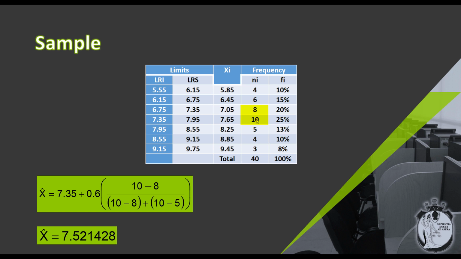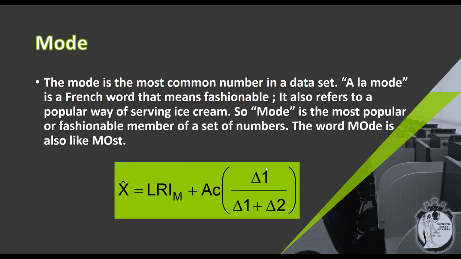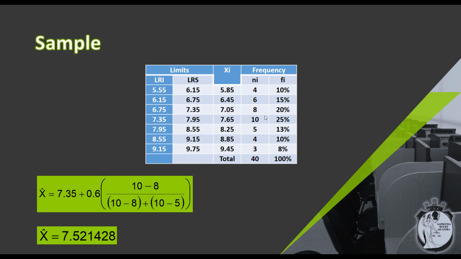So you need to calculate the difference here: 10 less 8. This is delta 1. And delta 2 is the difference between the modal class and the next class, so here 10 less 5. And you will get the mode.